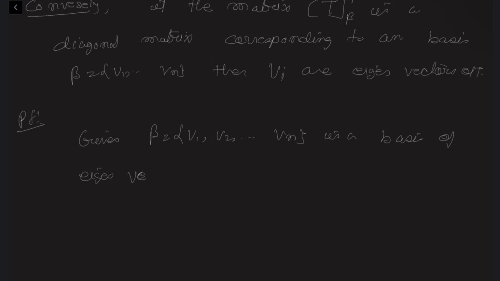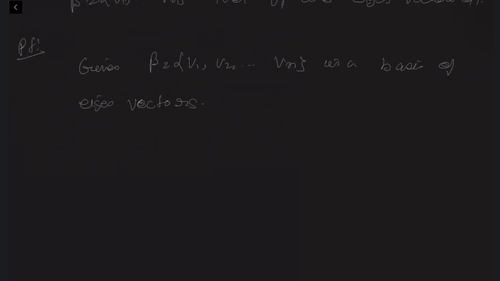In this part we are going to use the concept that you studied in your 4th semester, that is, the matrix corresponding to a linear transformation. That concept is going to be used here to give a proof. So these v1, v2, ..., vn are eigenvectors.